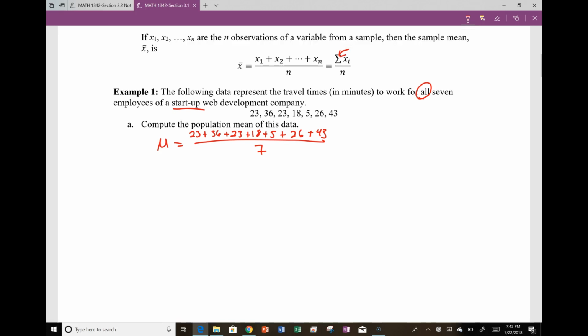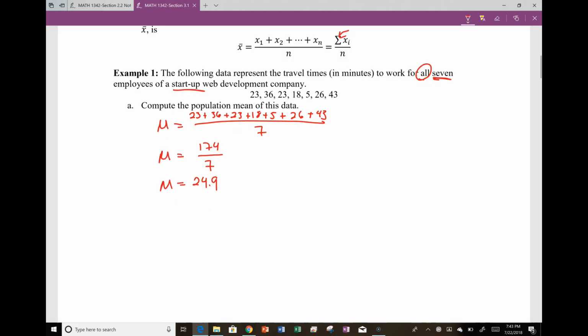And of course it says all 7 employees. So I'm going to divide by 7. I'm going to write down an intermediate step, which is adding all these values up. If I add up 23, 36, and continuing, I get 174. I'm going to divide that by 7. So my mean is 24.9.